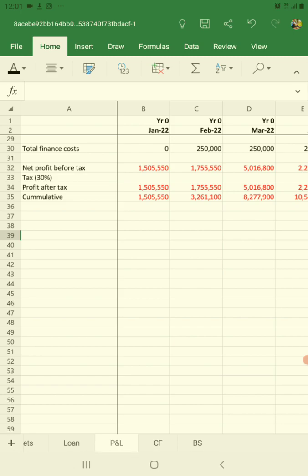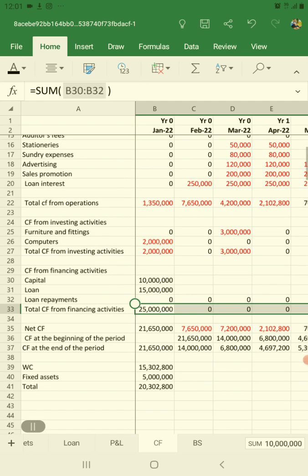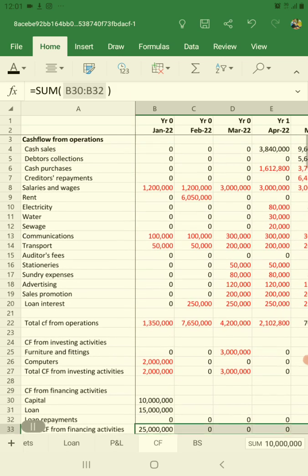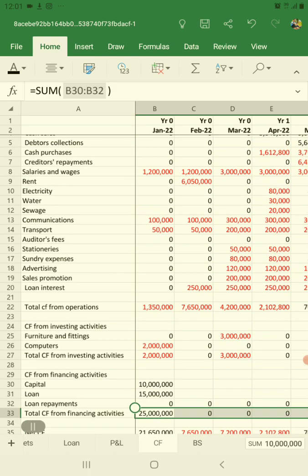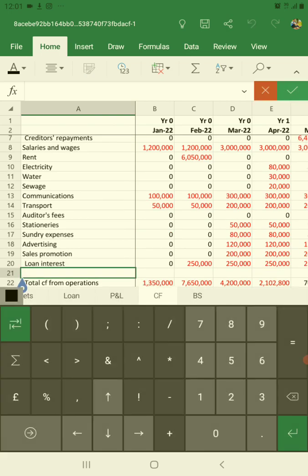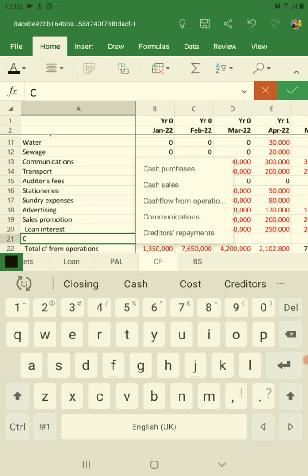So here, in the cash flow from operations section, I will add a line. I double tap to add tax.